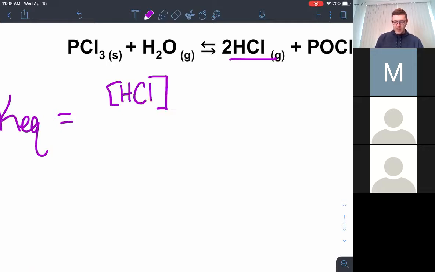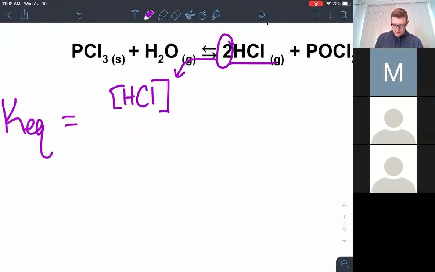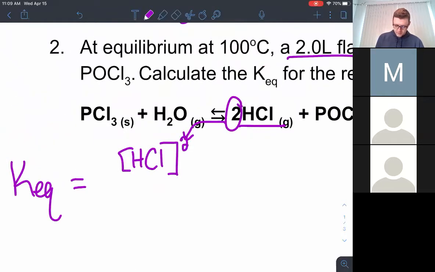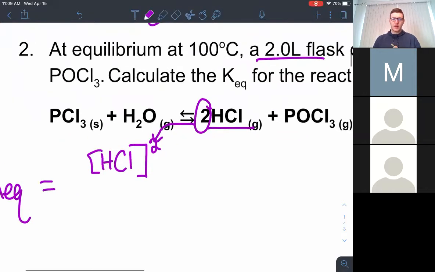If you remember from the Ed puzzle from yesterday, they talked about the fact that the coefficients in front become exponents to the concentration. So the concentration of our hydrochloric acid is going to be squared, because we have 2 moles of hydrochloric acid made during this reaction.